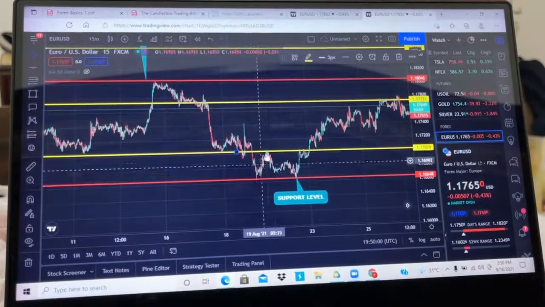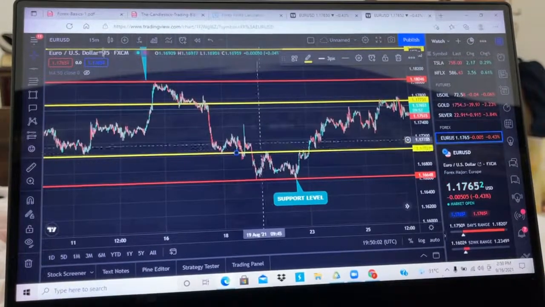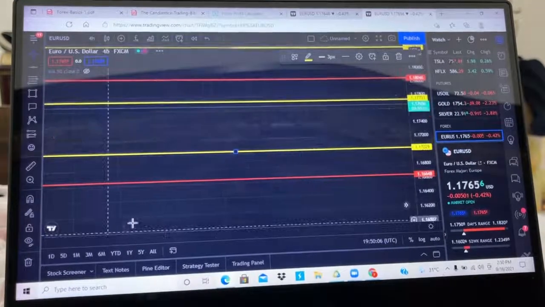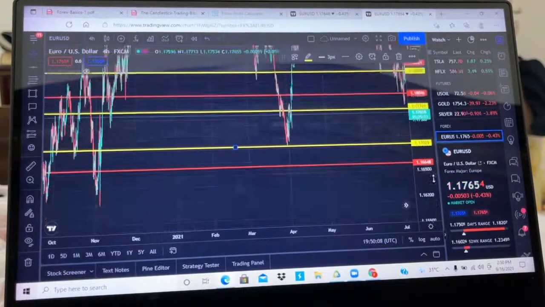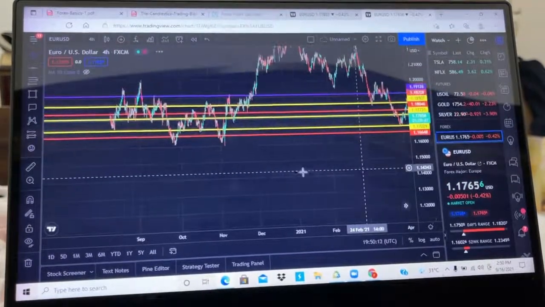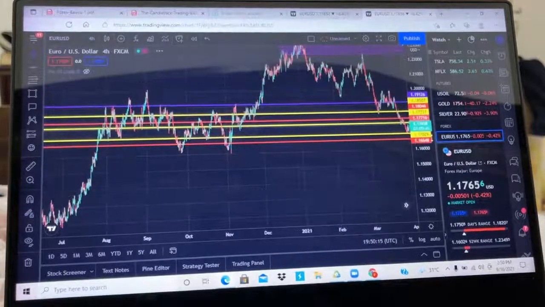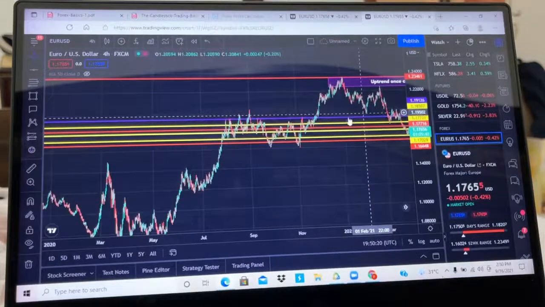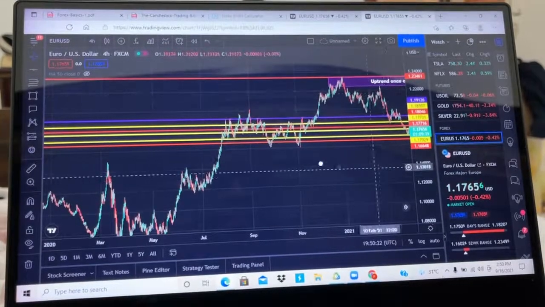These distances are short, but if you went back to the 4 hour, you notice you could have been in the trade for a long time without even considering to move support and resistance, which are the swing points.